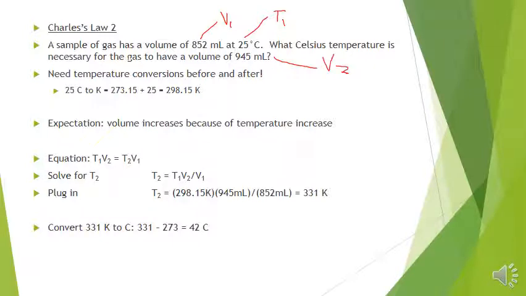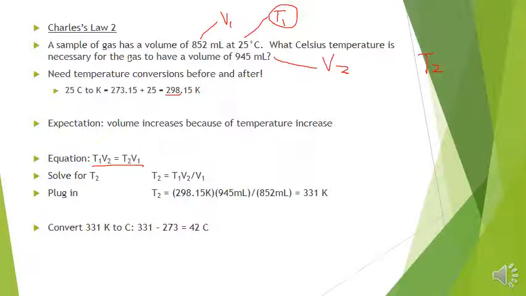So we increase the volume, so we'll have to increase the temperature. We want to find T2, so we need temperature in Kelvin. Add 25 to 273, and you get 298. Right, you have your equation.